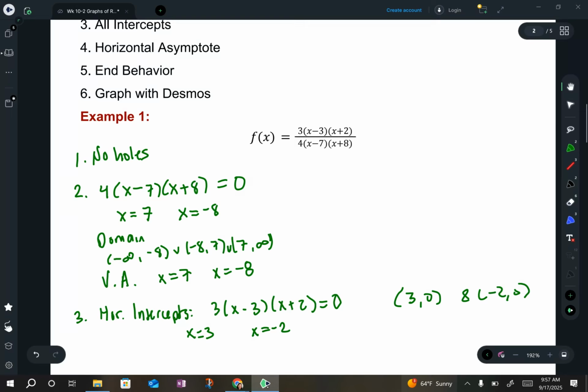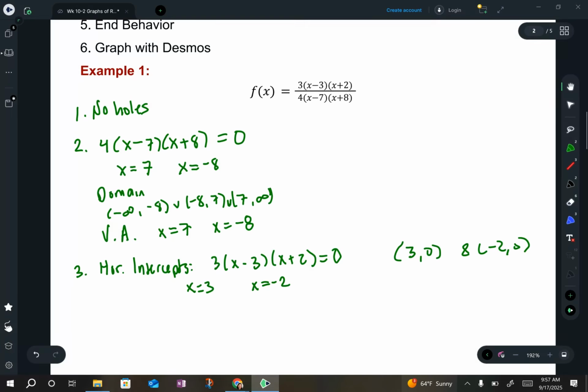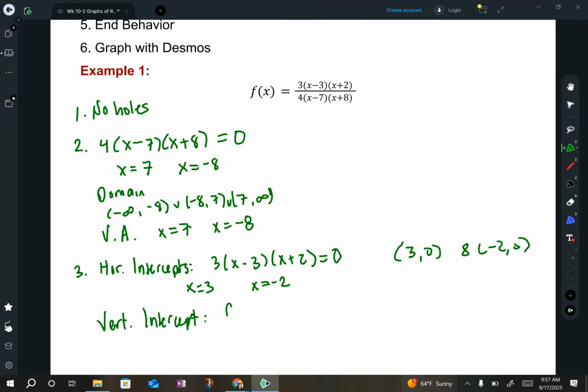And my vertical intercept is going to happen at f of 0. That's always true. So my vertical intercept is f of 0, which is 3(0 minus 3)(0 plus 2) over 4(0 minus 7)(0 plus 8). So we have to do some multiplying here. That's 3 times negative 3 times 2.